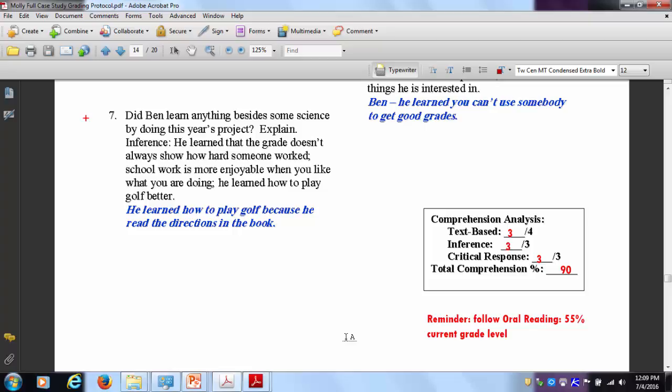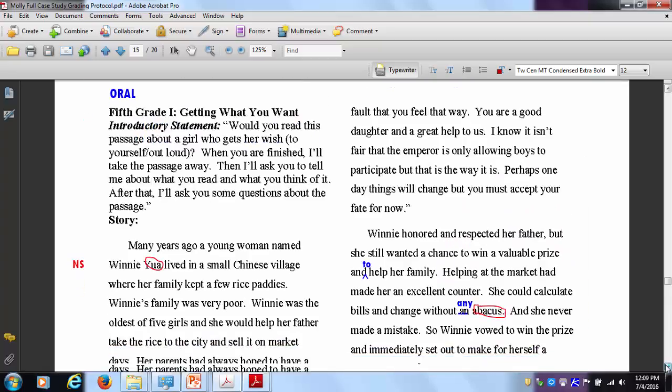She has a score of 90. Do you remember when we looked at during Module 1, 80 on 3rd grade following oral, 90 following silence? Are we getting a pattern here? All right, we're ready to move on and look at our final oral reading.